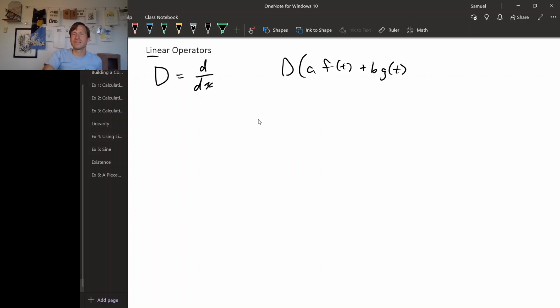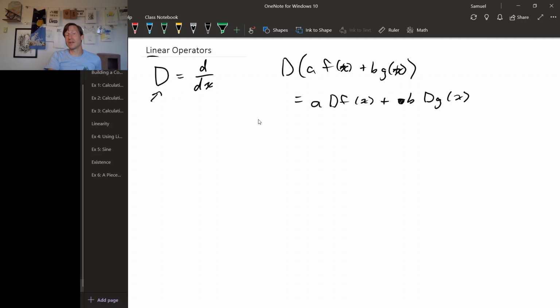So if you take this linear combination of functions, then the operator distributes and the constants move outside the operator. So for the operator D, this would produce a times the derivative of f plus b times the derivative of g. So this is certainly a familiar fact for this particular operator, the differential operator d dx. So this is a linear operator.